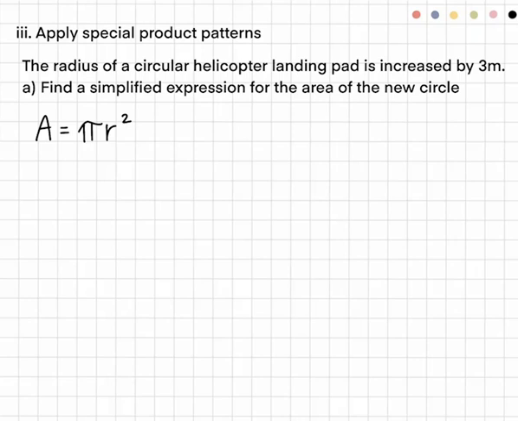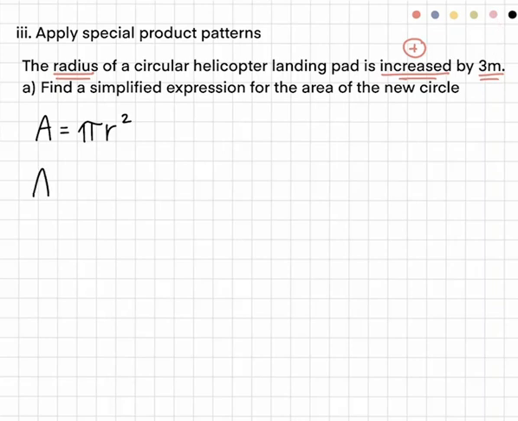Now, let's use our colors here when we're breaking down a word problem. The radius is increased by 3 meters. So, how can I write a simplified expression for the area of this new circle?